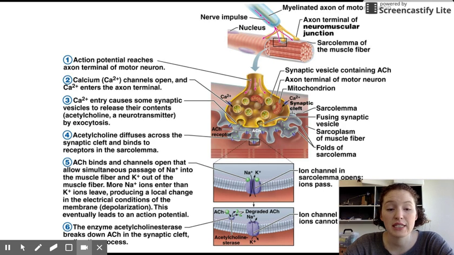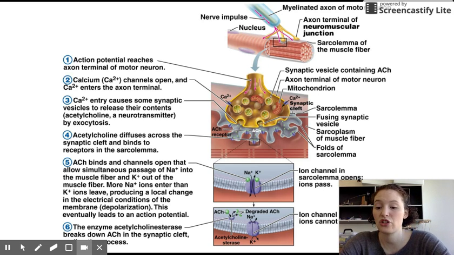It is then broken down into acetic acid and choline by a specific enzyme called acetylcholinesterase that's present on the outside of the cells here. So we have this acetylcholinesterase enzyme that breaks down our acetylcholine, it's degraded, it can no longer attach to its receptor, and therefore the channels are closed.